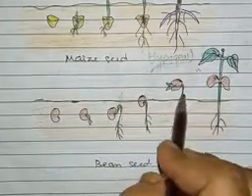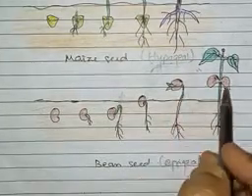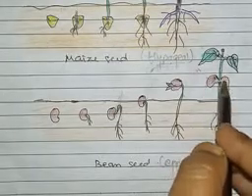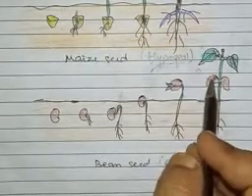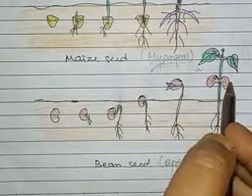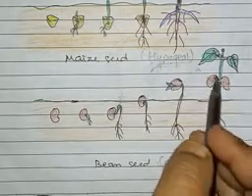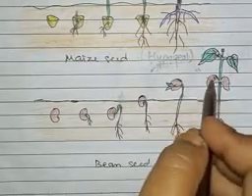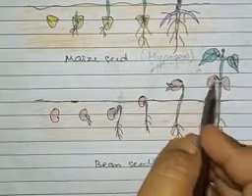During the growth of the seedling, you will find that the cotyledon is used up. Later on you will find that it dries and falls off. But the cotyledon comes out of the soil, and it forms the first leaves.